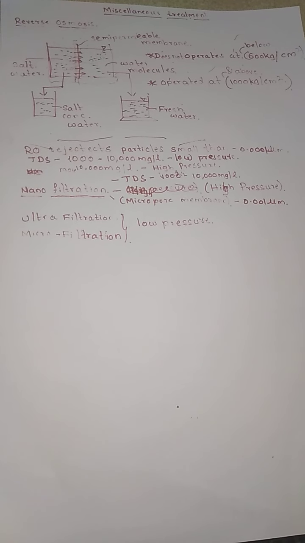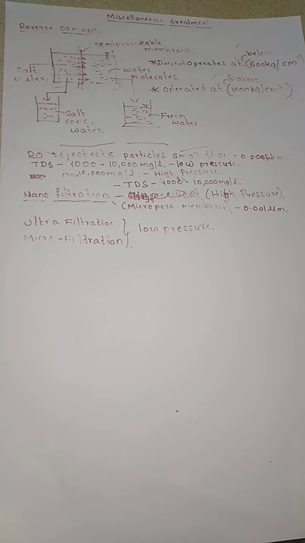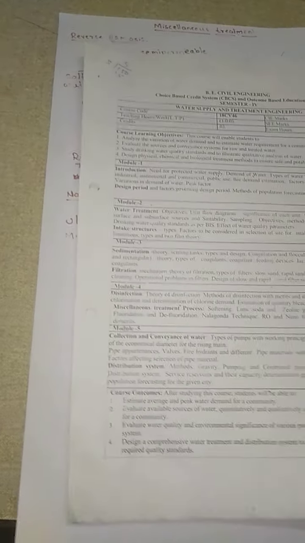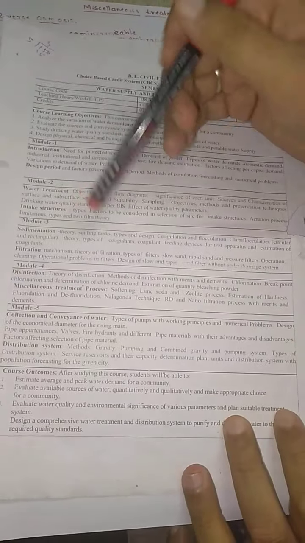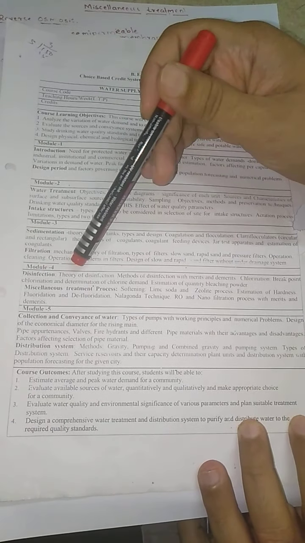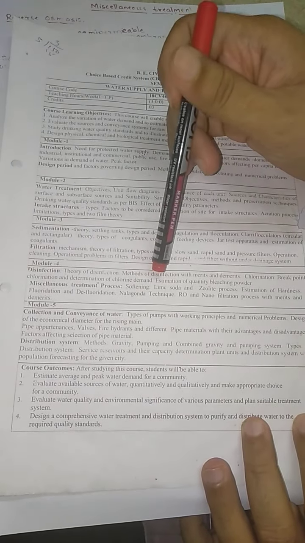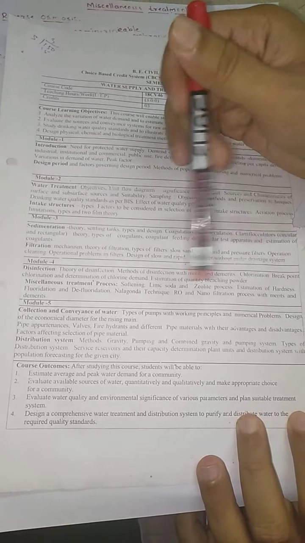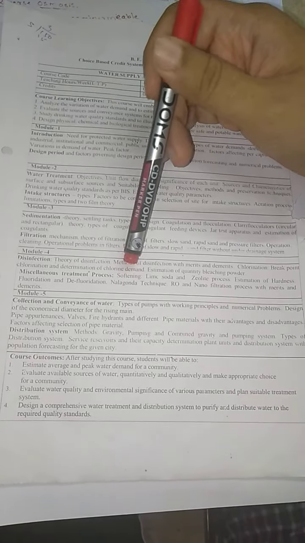So here we have completed module 4. In module 4 we have discussed the methods of disinfection with their merits and demerits, chlorination, that is breakpoint chlorination, determination of chlorine demand, and estimation of bleaching powder.